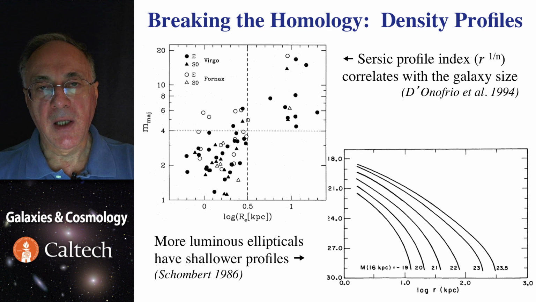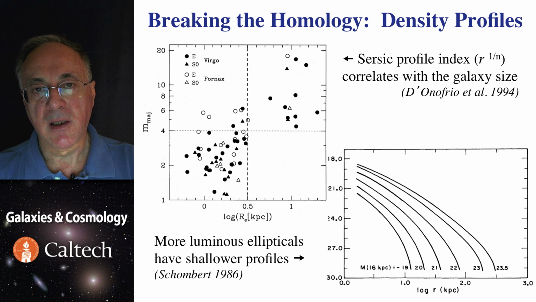Nevertheless, if you obtain surface brightness profiles of many, many ellipticals, and then fit the Sérsic law to all of them, and plot the value of the Sérsic parameter, n, which in this plot on the left is confusingly labeled as m by the authors of the paper, you find out that the shape parameter depends on the size of the galaxy and by the same token on the luminosity of the galaxy, and goes in the sense that galaxies with larger radii or larger luminosities have shallower profiles.